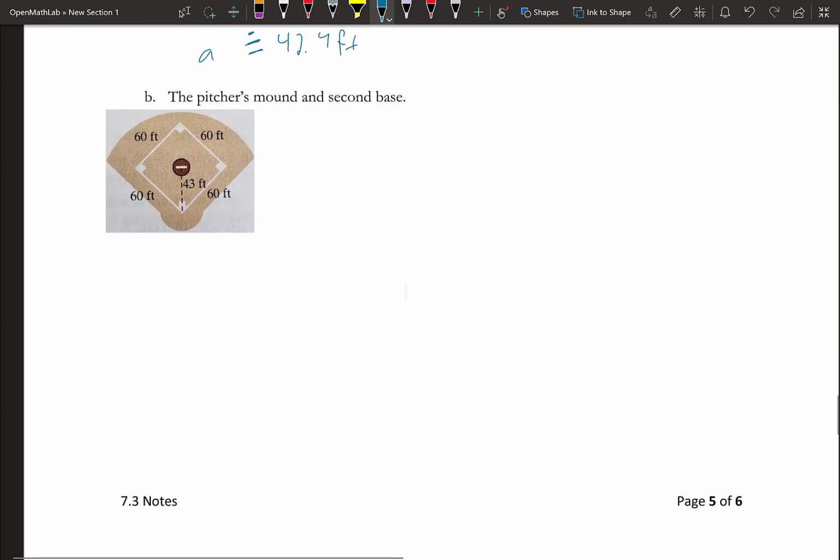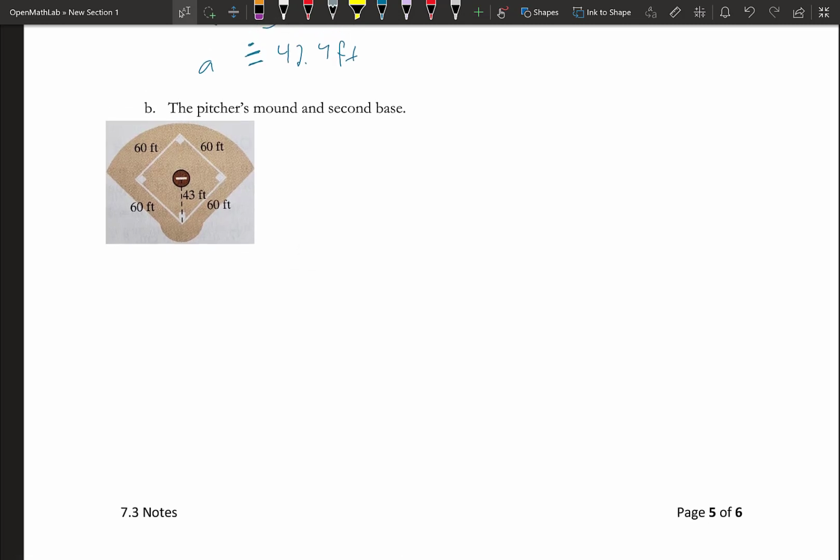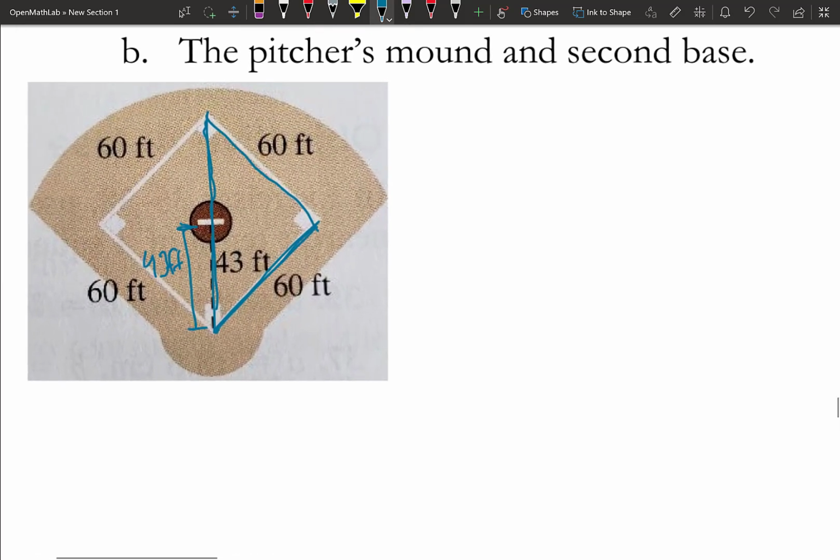So then part B, we want to find the distance between the pitcher's mound and second base. If I draw this straight line back in, here's my triangle. We know this distance is given, which is 43 feet, and I know that this is a right angle.